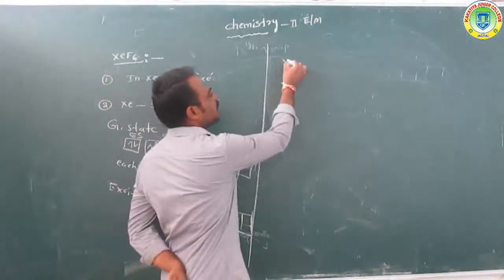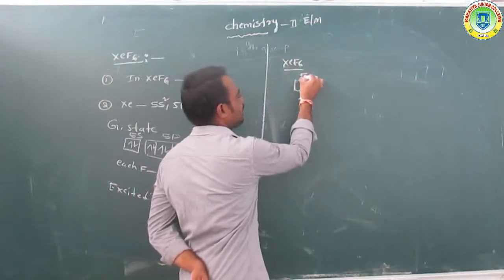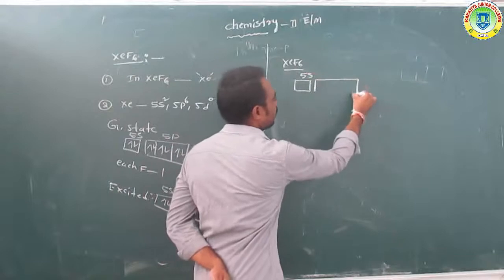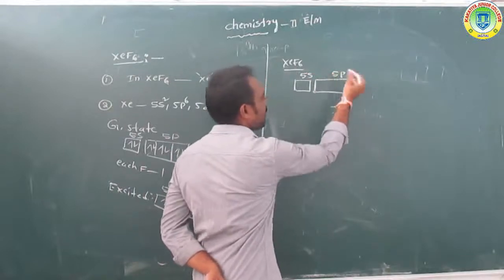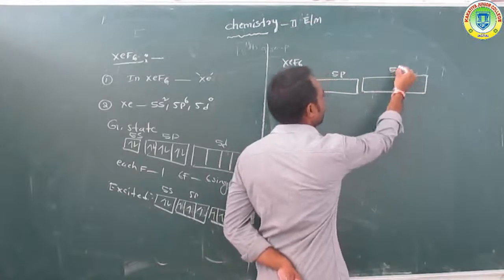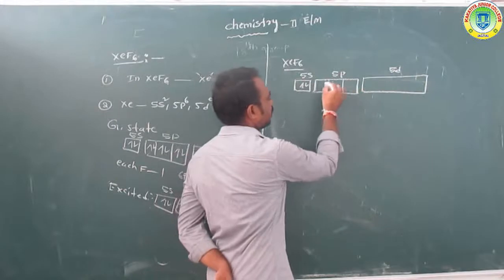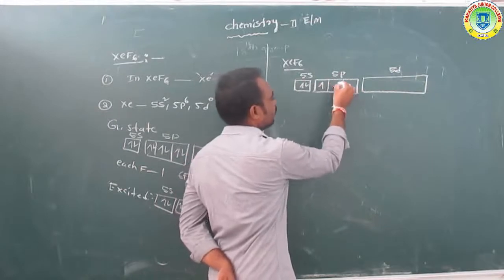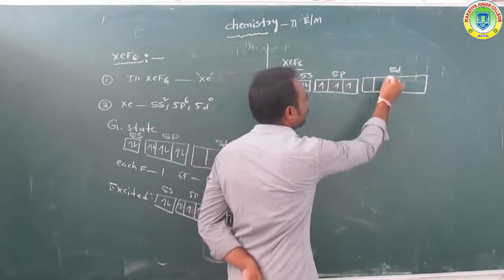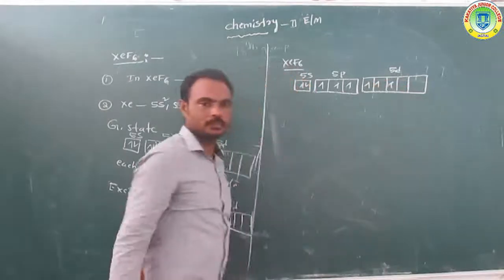What is the formation of XeF6? 5s orbital, 5p orbital, 5d orbital, 2 electrons, 1 1 1, 1 1 1.